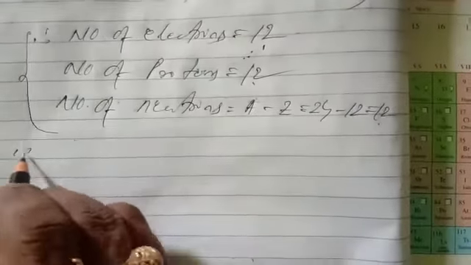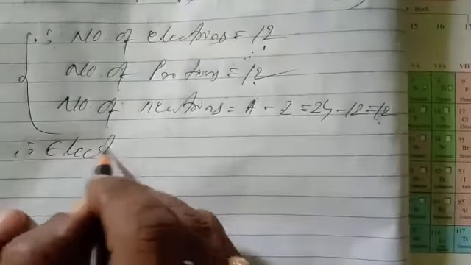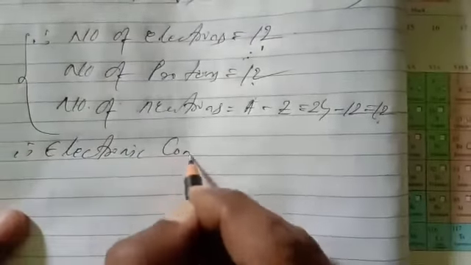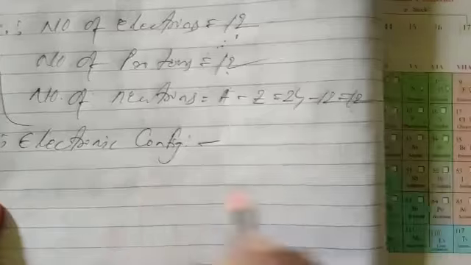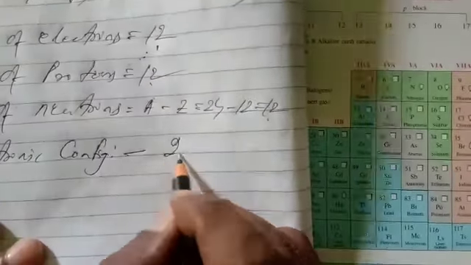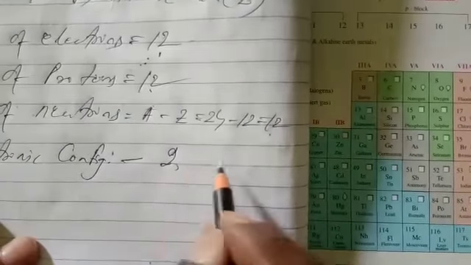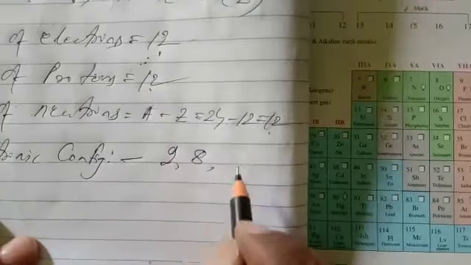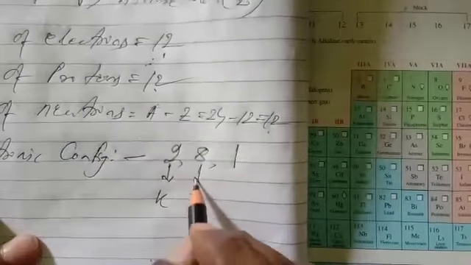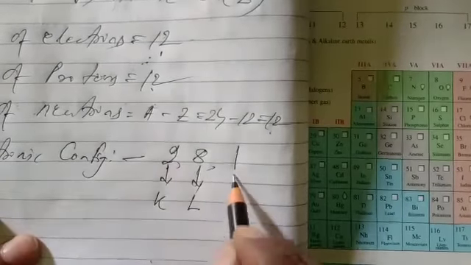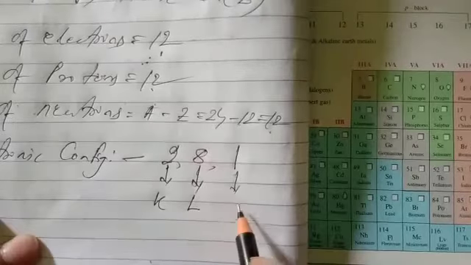Electronic configuration of magnesium, as per the 2n square rule. The first shell contains how many electrons? 2. Maximum 2 can be occupied. Next it will be 8, then 2. The first shell name is K shell, second shell name is L, and third shell name is M, that is K L M, with 2, 8, 2.